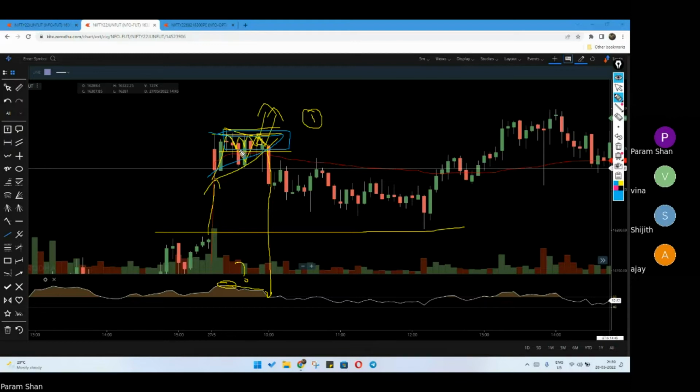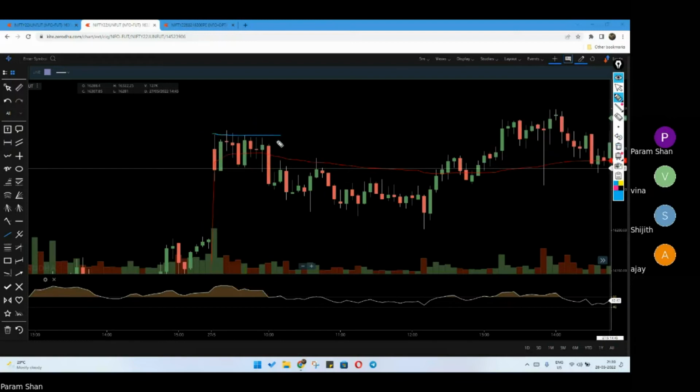If you did not enter here, then this is a good breakout. You see, in either way, this is the line where this breakdown also happened. But when you're trading this in real time, you need to have the patience to watch this.